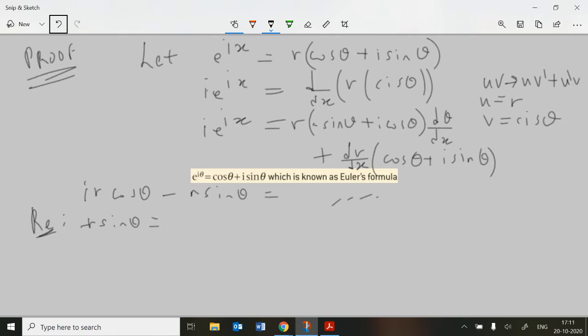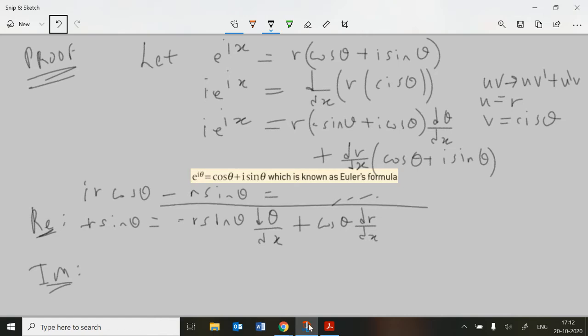And on the right-hand side here, so this bit here, we've got minus r sine theta d theta dx, and then we have as well from this part, the real part is going to be plus cos theta dr dx.